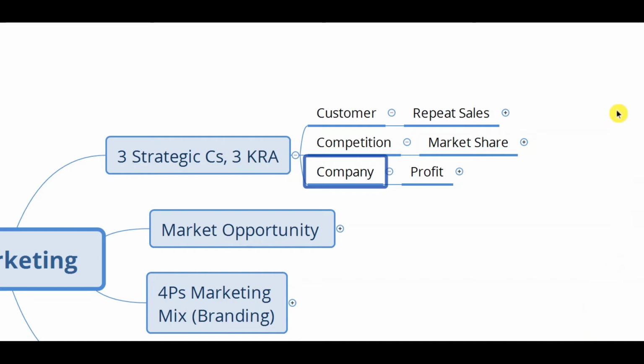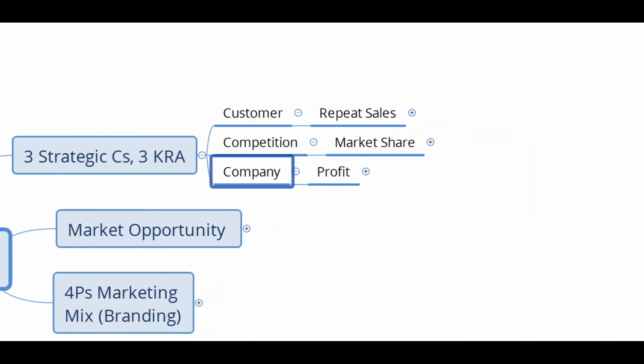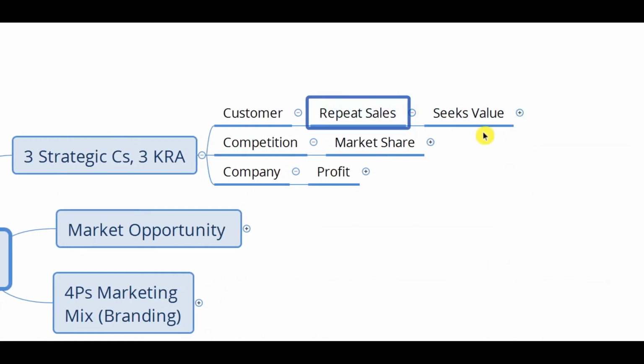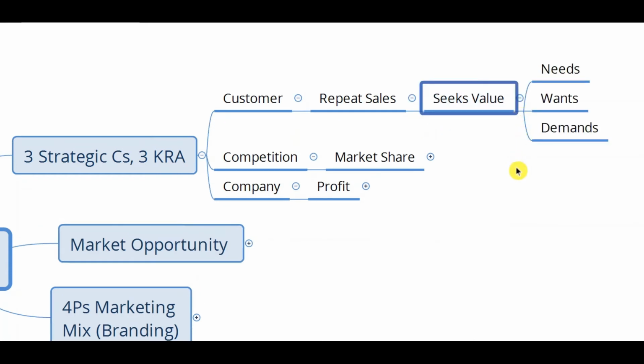Now, in our module, we are looking at value, and who determines value? It's the customer. He's the seeker of value. He looks for satisfying his needs, wants, and demands.